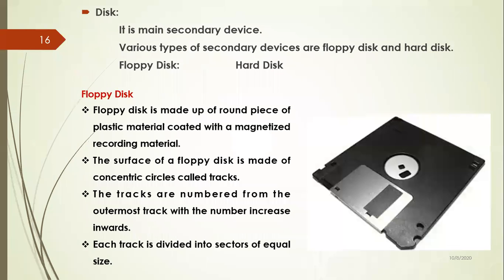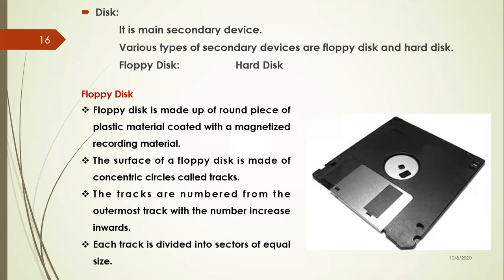Now, disk. It is a secondary device, and there are two major disks. First is the floppy disk, and another is the hard disk. Now, what is a floppy disk? In the diagram, it is showing a floppy disk. It is made up of a round piece of plastic material coated with magnetic recording material, so that we can store our information on it.